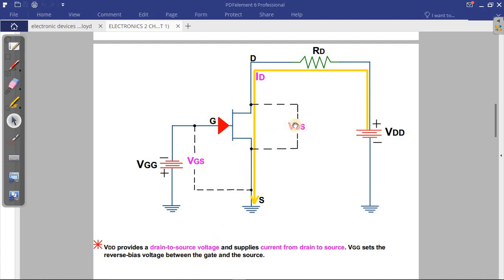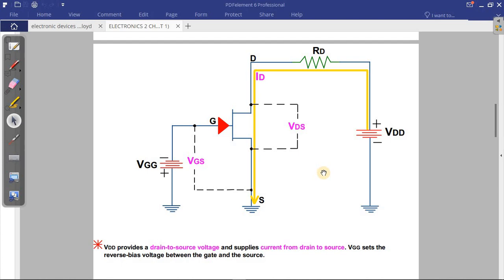The voltage we measure across the drain and the source is VDS, and it supplies current from drain to source. That current is ID, that's why I represent ID here. So VDD supplies VDS, and we have the current ID flowing from the drain to the source.